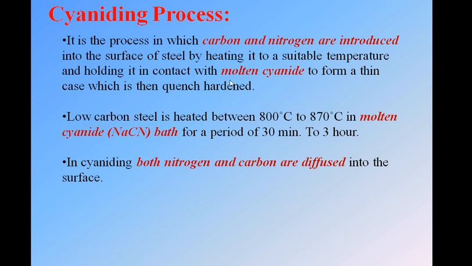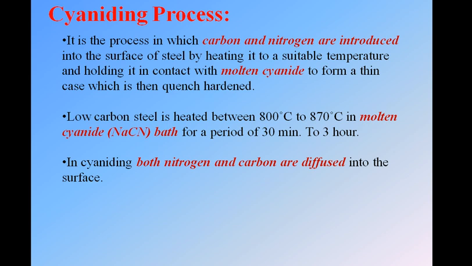The source from which we can take carbon and nitrogen is molten cyanide. Low carbon steel is heated between 800 to 870 degrees in the molten cyanide, that is NaCN. Here we have N, that is nitrogen, and here we have C, that is carbon. So from molten cyanide, or NaCN, we can get both of these.